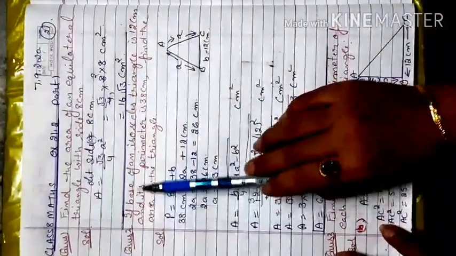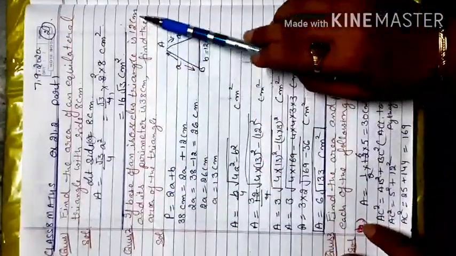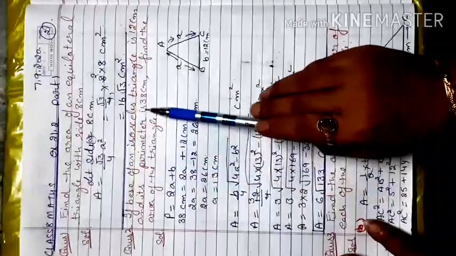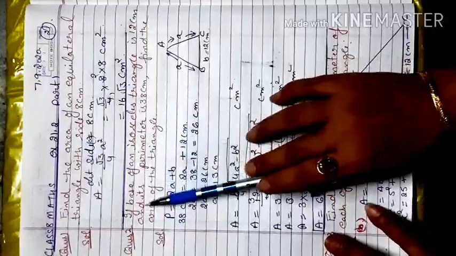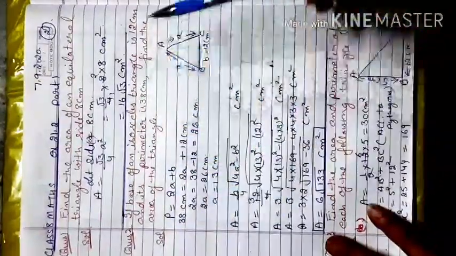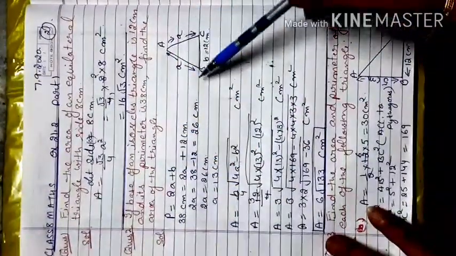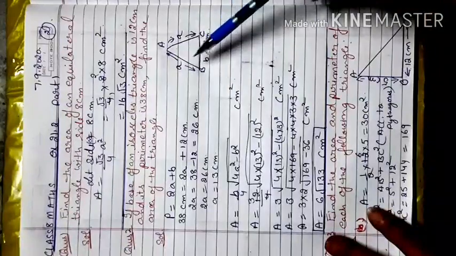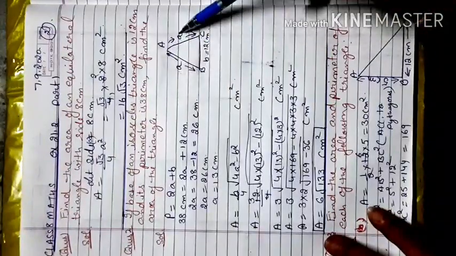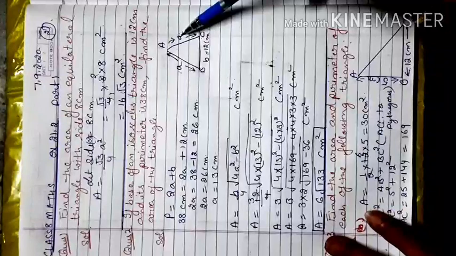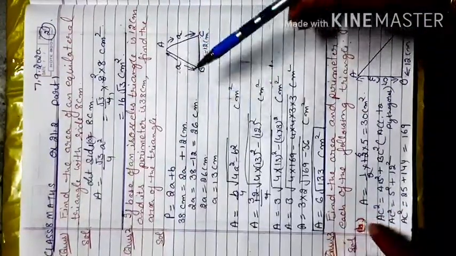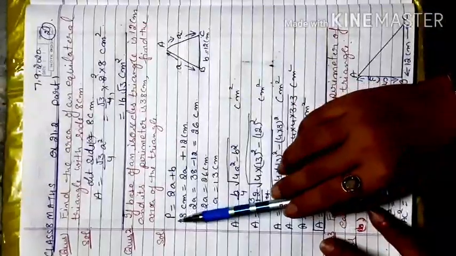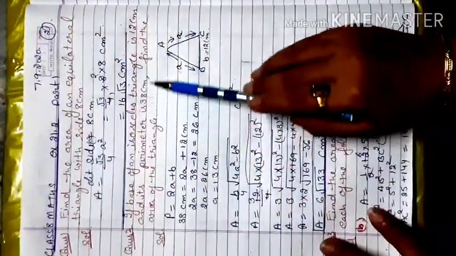Next question is, if the base of an isosceles triangle is 12 centimeter and its perimeter is 38 centimeter, find the area of the triangle. If this is my isosceles triangle, base is given as 12 centimeter, I have to first find the missing sides, then find the area. For finding the missing sides, perimeter is given, that is 38 centimeter.